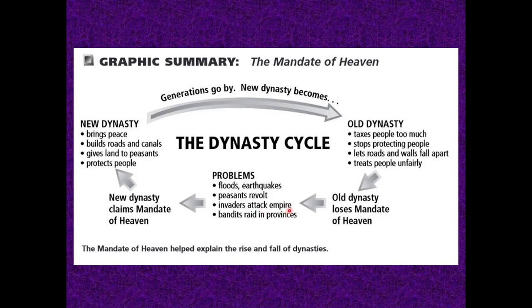Invaders attack the empire, and the empire can't really stop them because it's no longer effective anymore. Bandits and raiders inside of the country are no longer being stopped by law enforcement because the law enforcement itself is falling apart. So things have just gotten old. The new dynasty has become the old dynasty.